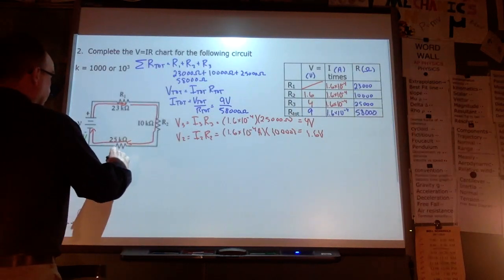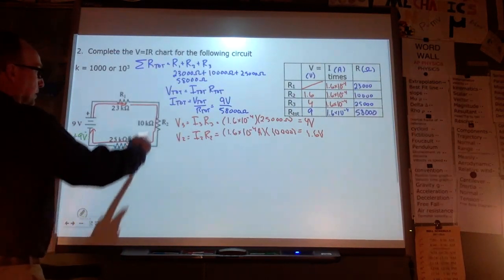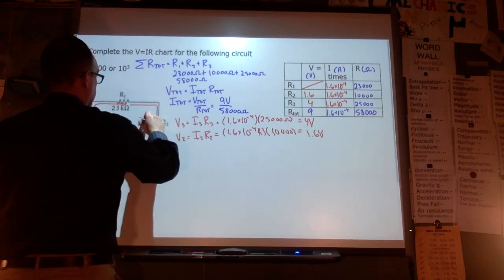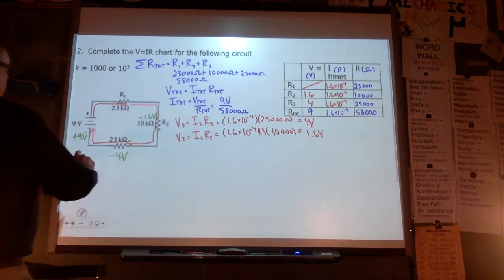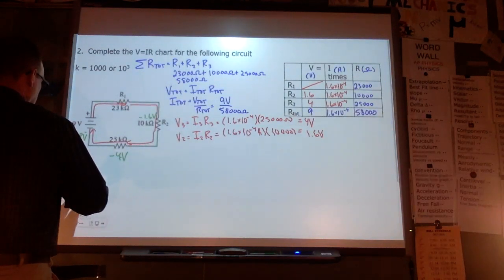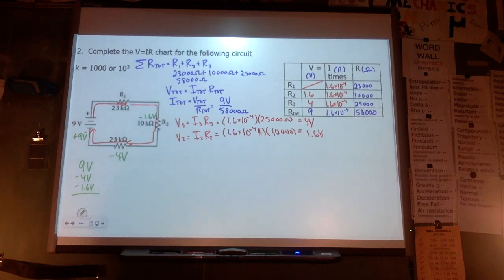This one loses 4 volts. This one loses 1.6 volts. So I started with 9 volts. I lost 4 volts. I'm losing 1.6 more volts. So it looks like I have 3.4 left.